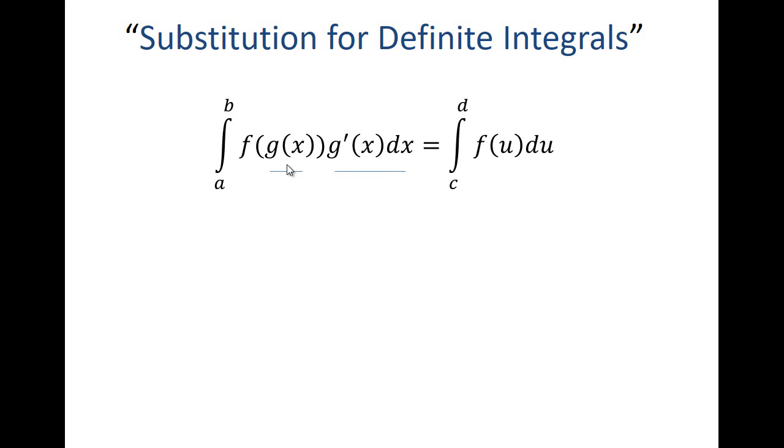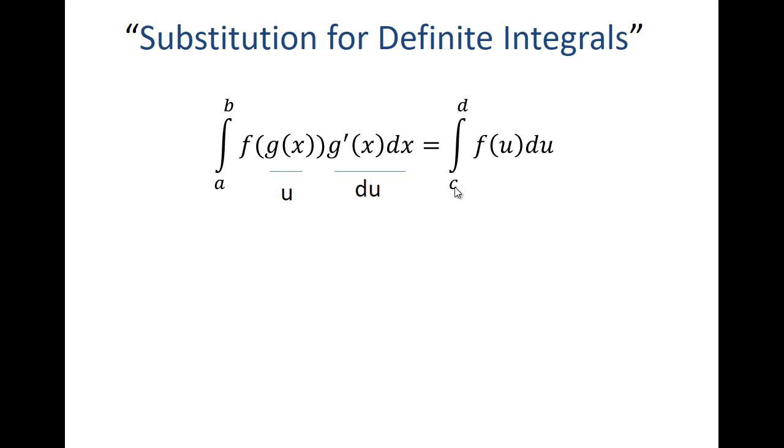And so when we have an integrand like this, we substitute u for g of x, and then the differential of u will be used in place of g prime of x dx. So this integral simplifies to f of u du, and the limits of integration also change.